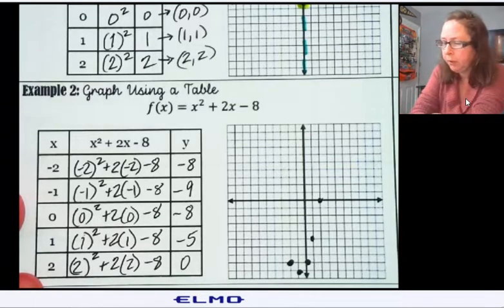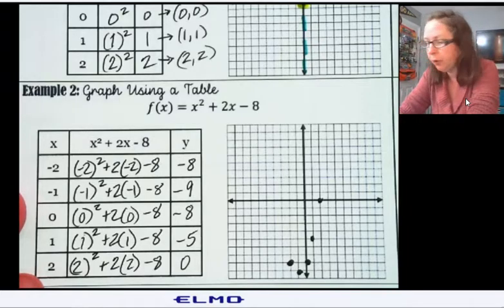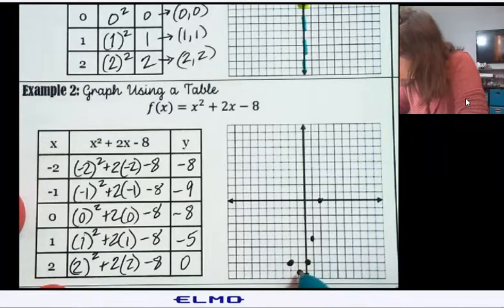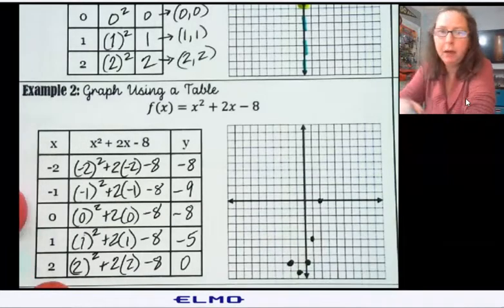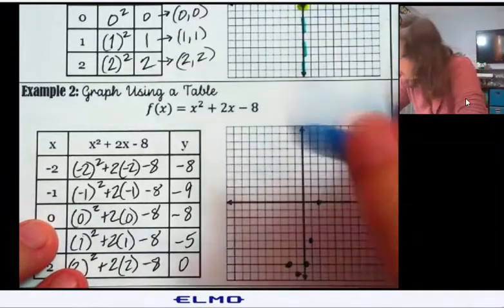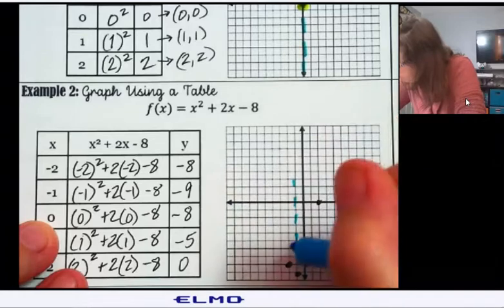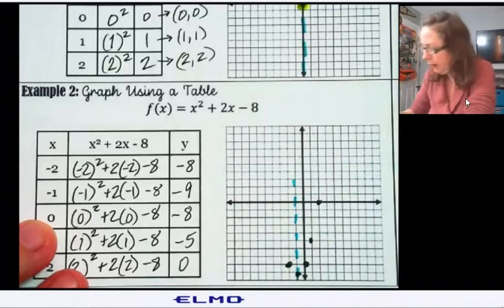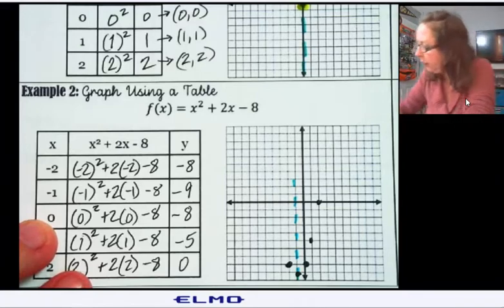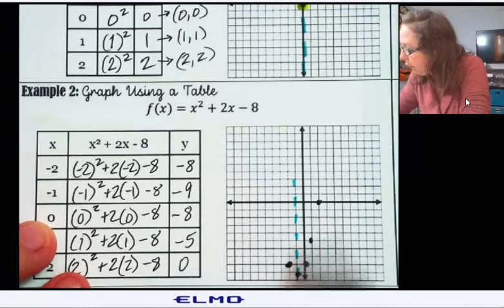I want you to know that you can do a mirror image of the points. So from our lowest value right here, that would be our axis of symmetry. And so these ordered pairs are going to be equidistant from the axis of symmetry.